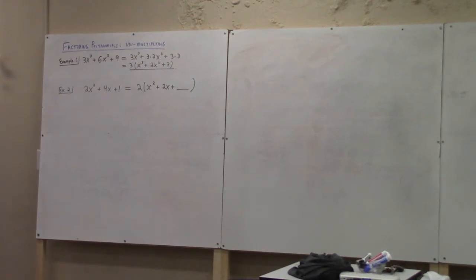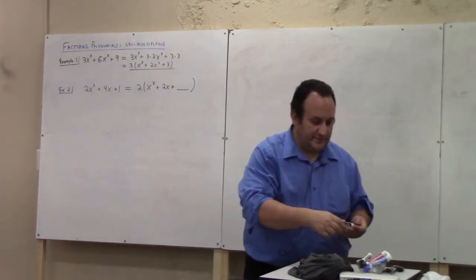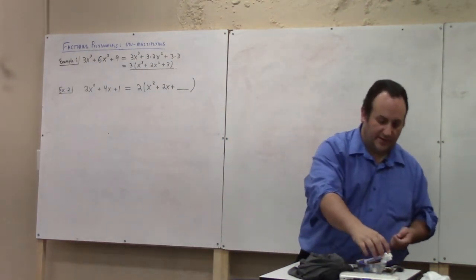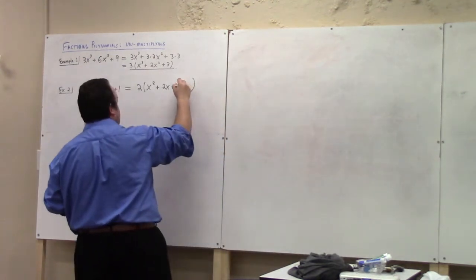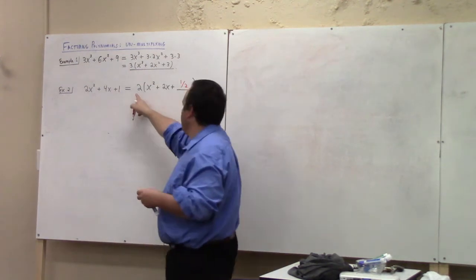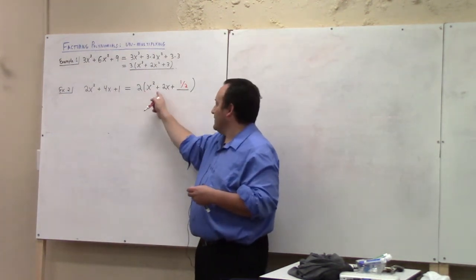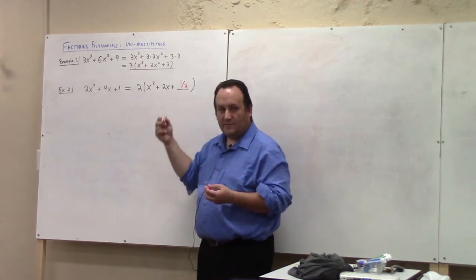A half, right. If we put a half there, then that's logical, because if we multiply it back out, we'll get back where we started, right? The ultimate test of any factoring is when you multiply back out, do you get back to where you started? If we multiply this back out, we get 2x squared plus 2 times 2, which is 4x, plus 2 times a half. 2 times a half is 1, right?